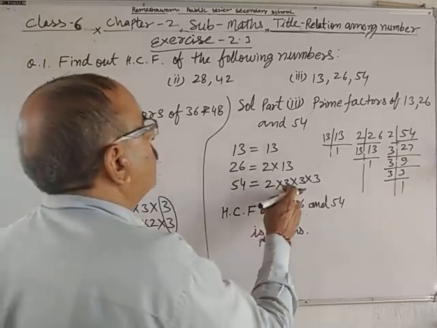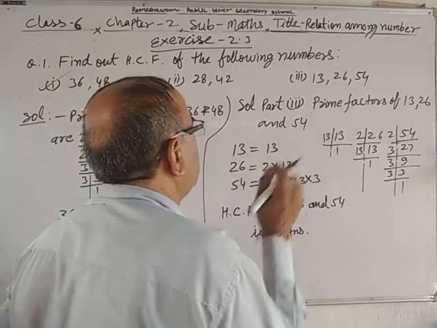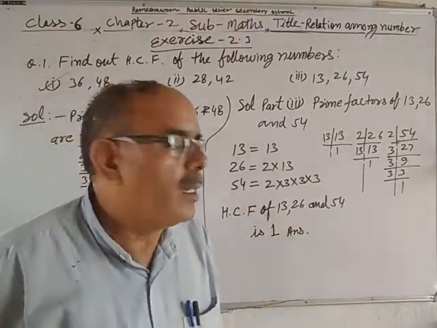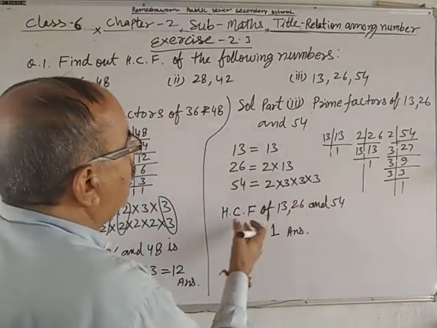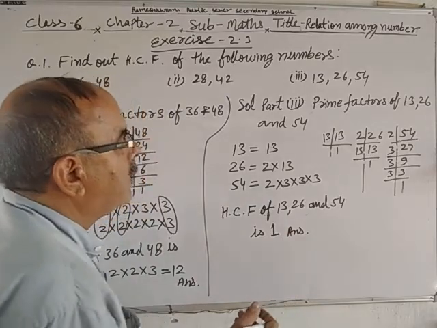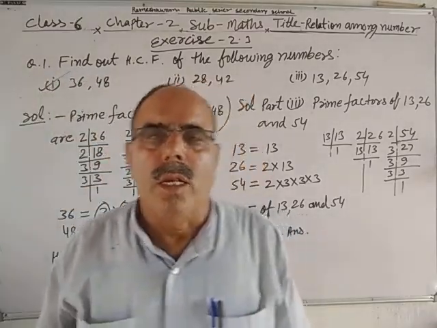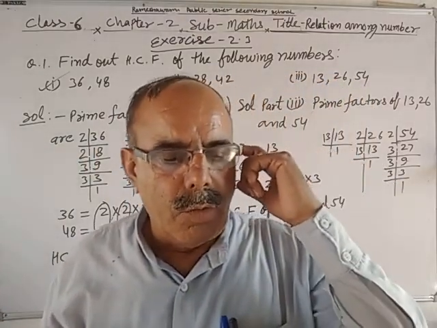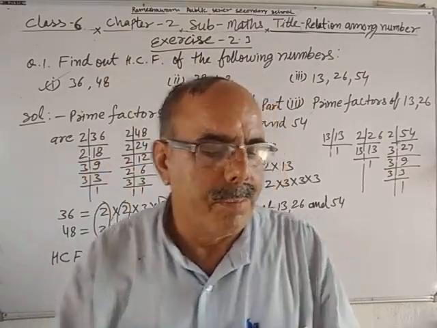The 3 is not in the factors of 13 and 26. So there is no common prime factor in the three given numbers. So the HCF of 13, 26 and 54 is 1. When there are no common prime factors in the given numbers, then we choose 1 as the HCF.